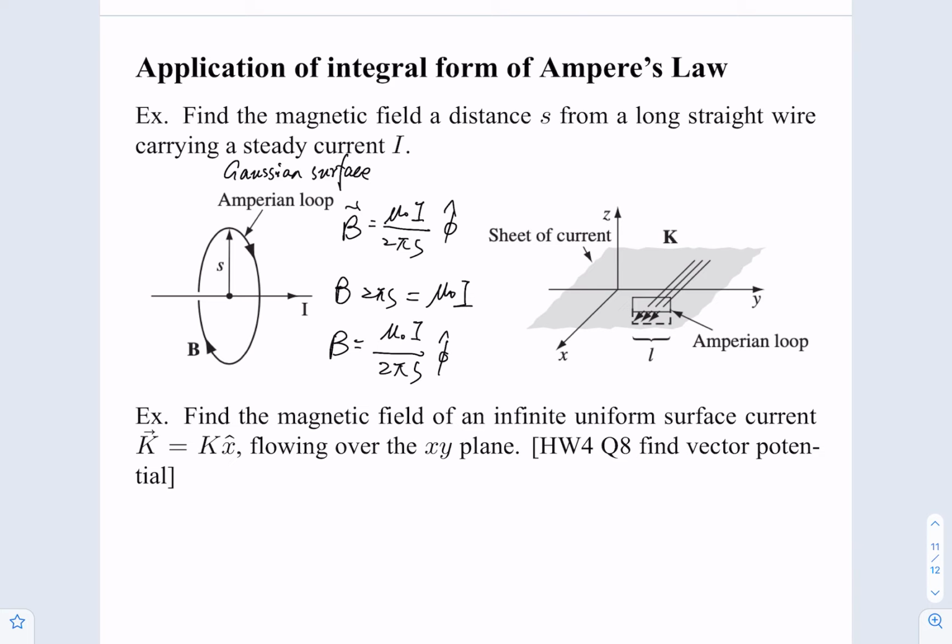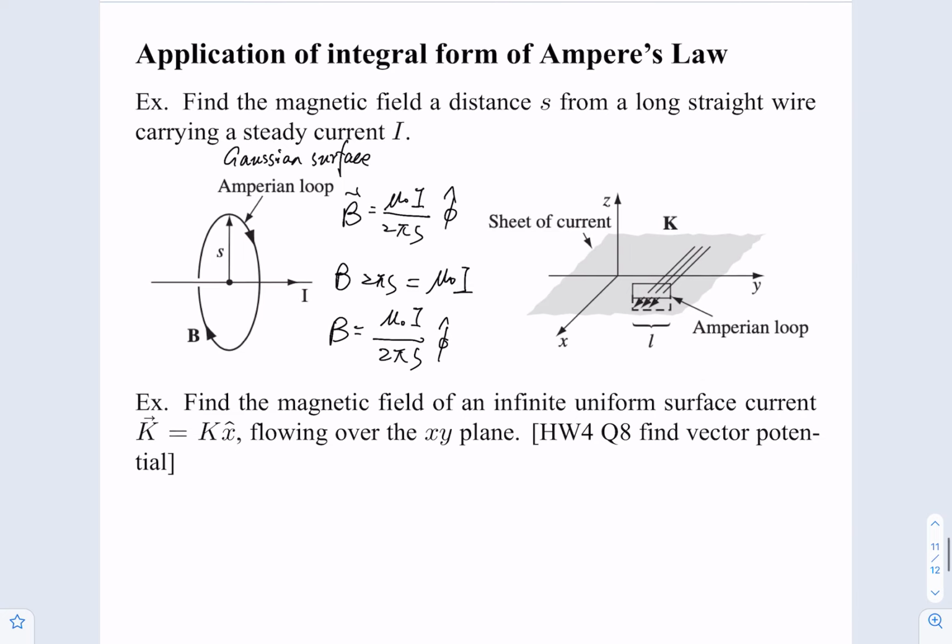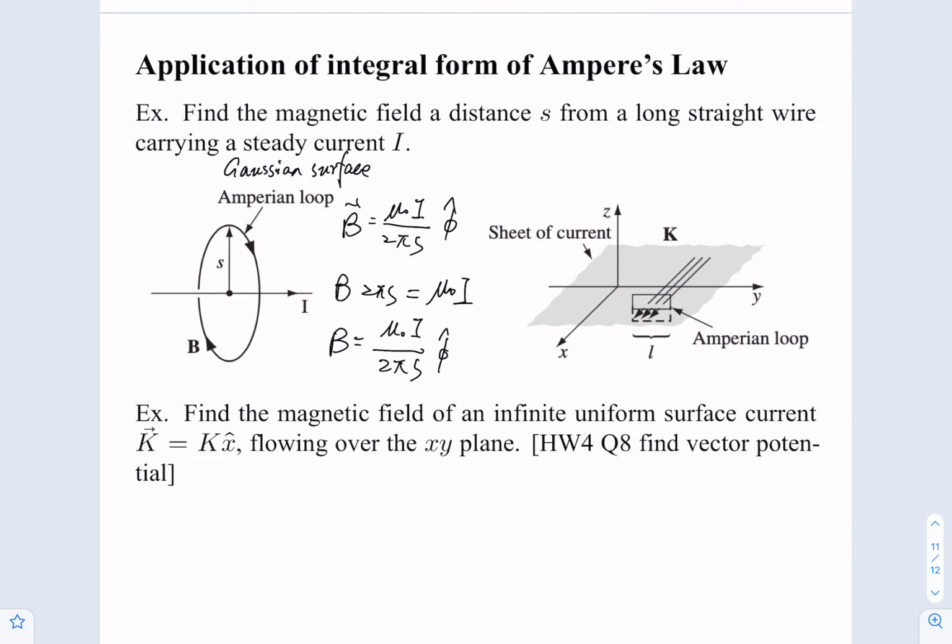If we consider the surface current as a superposition of many line currents, then for a surface current pointing along the x direction, the magnetic field will be something like this.